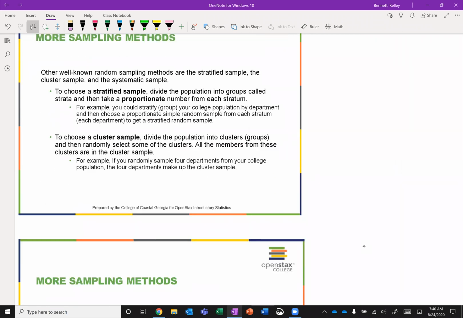The other types of sampling we have are stratified and cluster. A stratified sample is one that divides the population into groups, and then you would pull a random sample from each of the groups. Maybe a good example would be something like this.